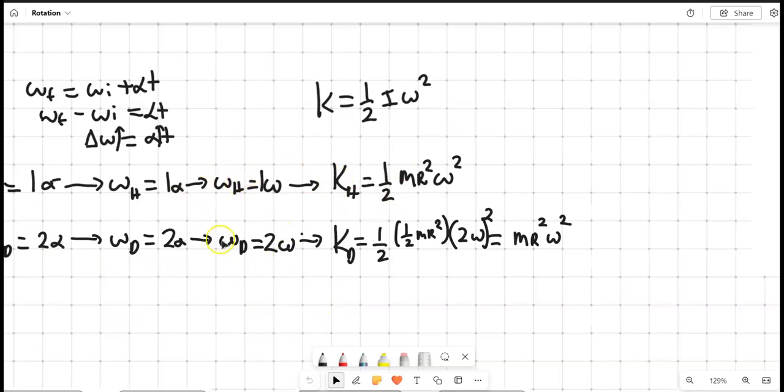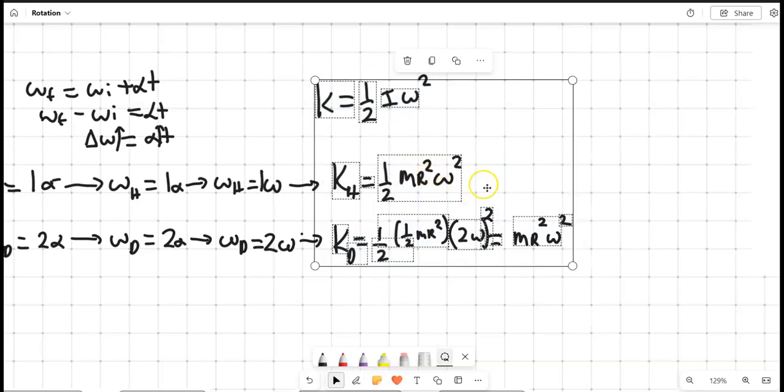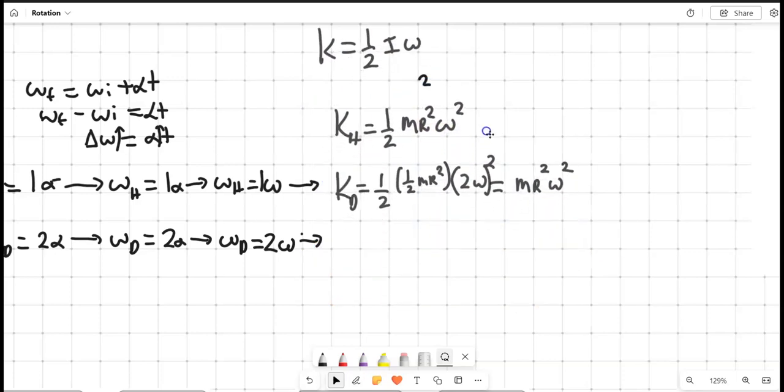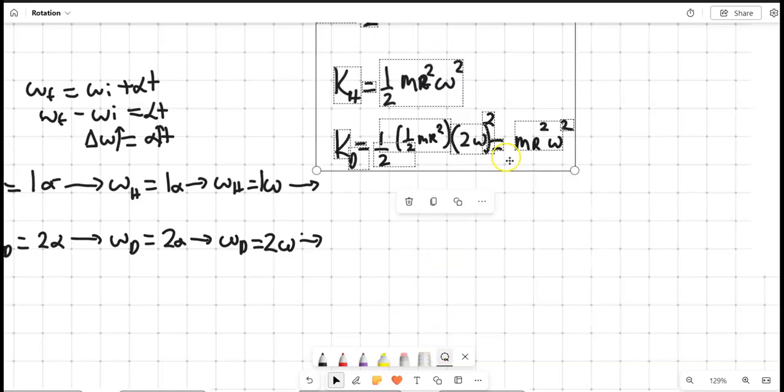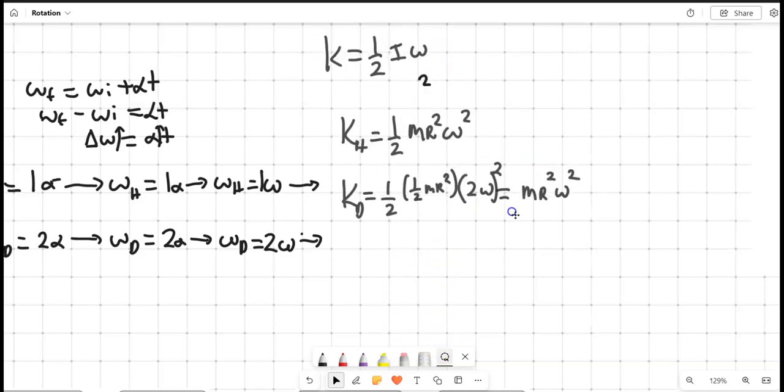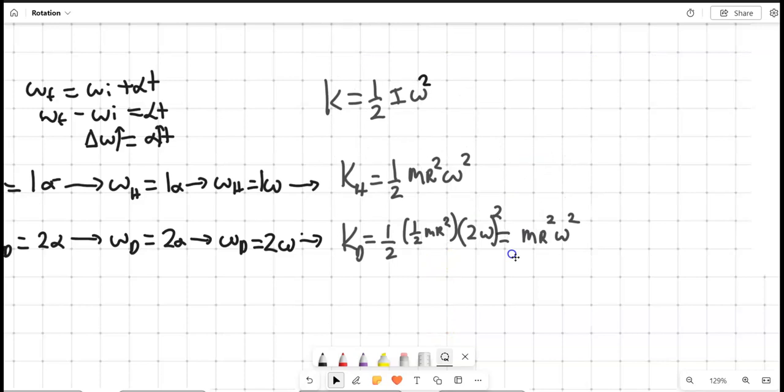Okay, so we're going to need this angular velocity stuff. So what I'm going to do is grab this, the entire thing, and move it up. Okay, let's try this again.